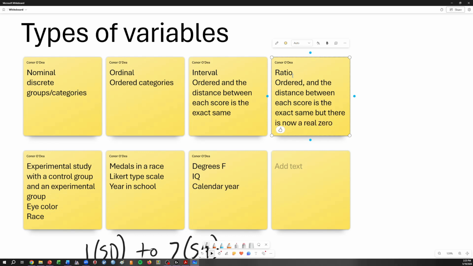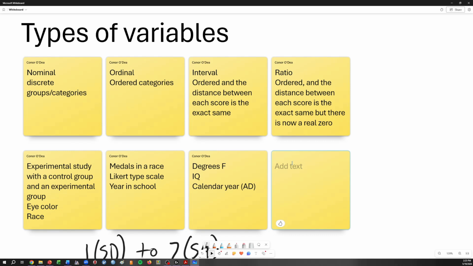And what we mean by a real zero, because you might be, at this point, freaking out and saying, Connor, there is a real zero in degrees Fahrenheit. There is a zero in calendar year AD, for example. And I should actually put AD there when we're looking at the calendar year AD. There is a zero, right? It's when the calendar year AD started. And degrees Fahrenheit, there is a 0 degrees Fahrenheit.